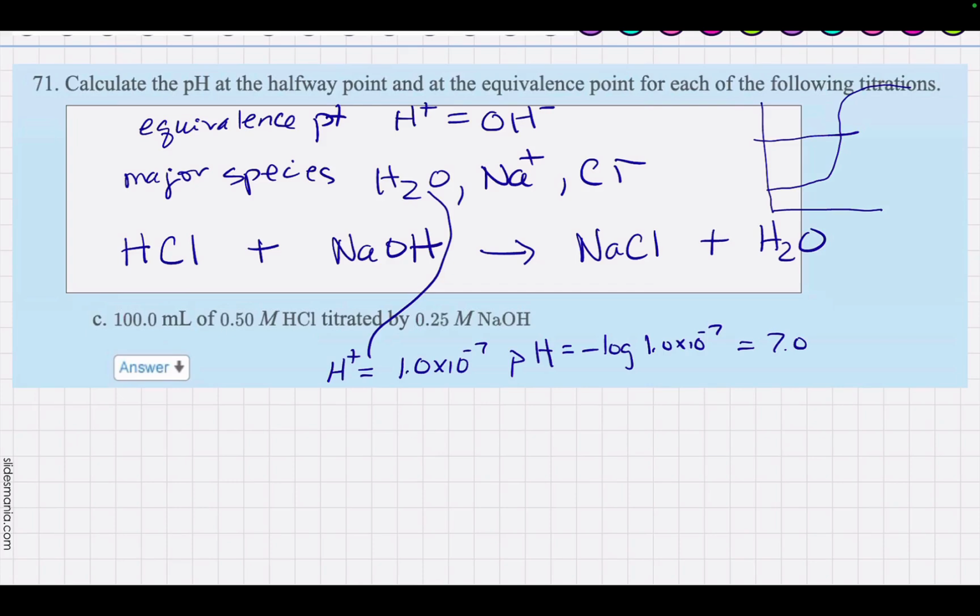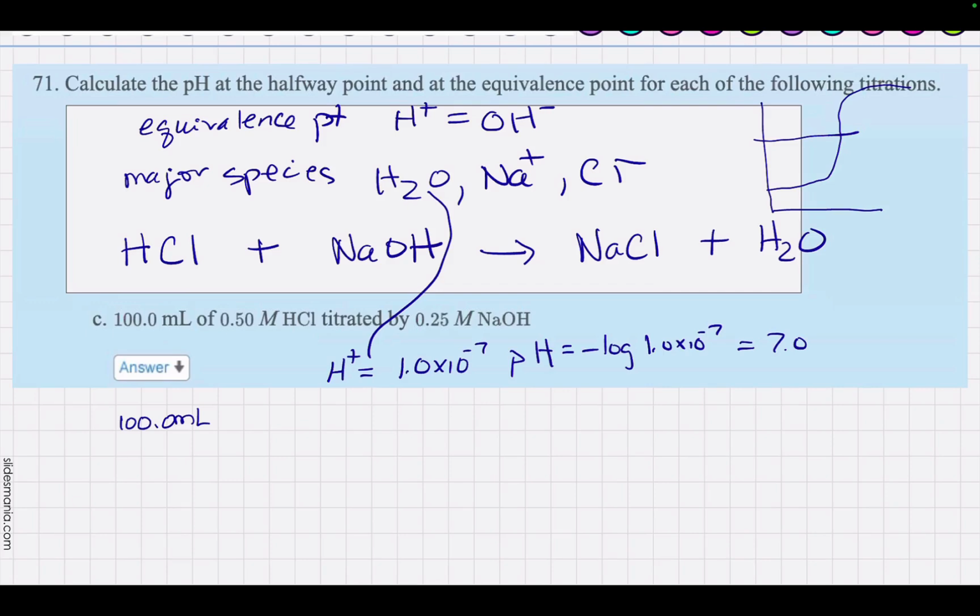So we are going to do the half equivalence point, even though it's not really significant for a strong acid and a base, but we can definitely calculate the pH at any point along the curve. So the first thing I'm going to do is figure out how many millimoles of acid or hydrogen ions I have.